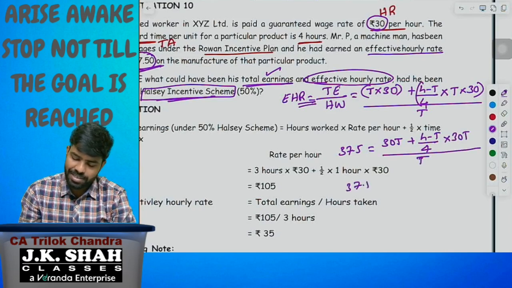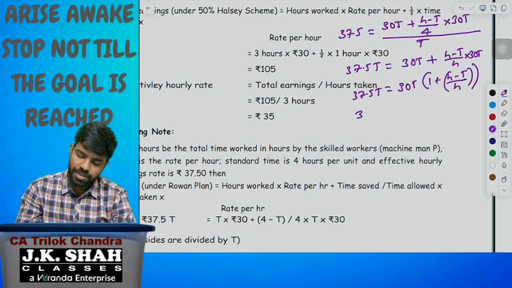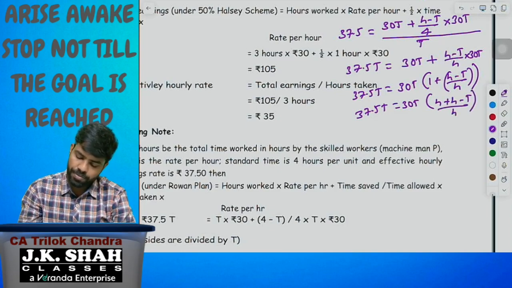What I can do is 37.5T equals 30T plus (4 minus T) divided by 4 into 30T. Now, 37.5T equals 30T, take it common: 1 plus (4 minus T) divided by 4. So 37.5T equals 30T into (4 plus 4 minus T) divided by 4.